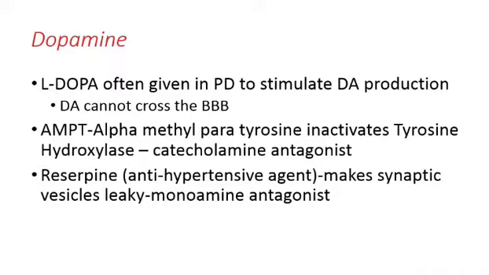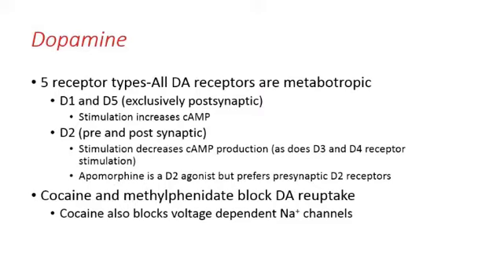And reserpine is an antihypertensive agent and not really used much anymore, but it makes the synaptic vesicles leaky, as I talked about before. In that case, it would be a monoamine antagonist because it negatively affects the storage of the catecholamines.